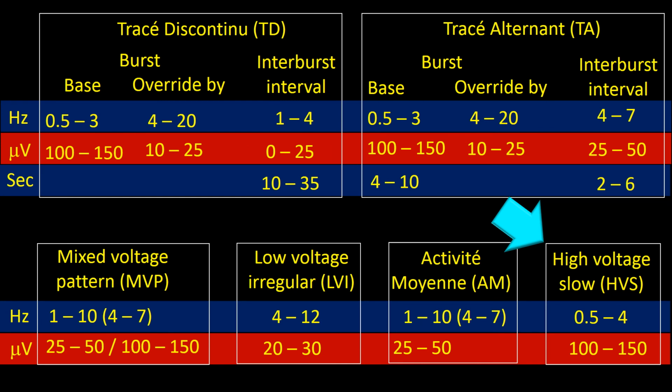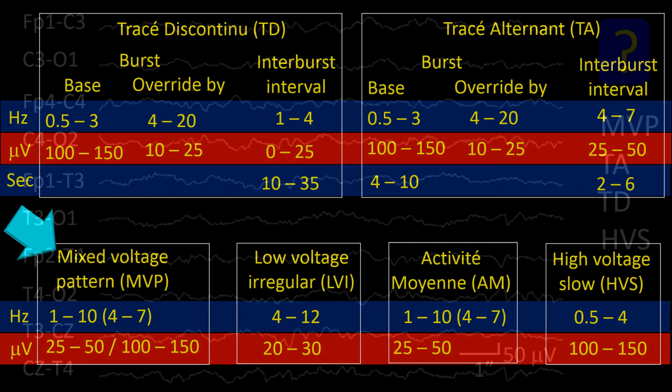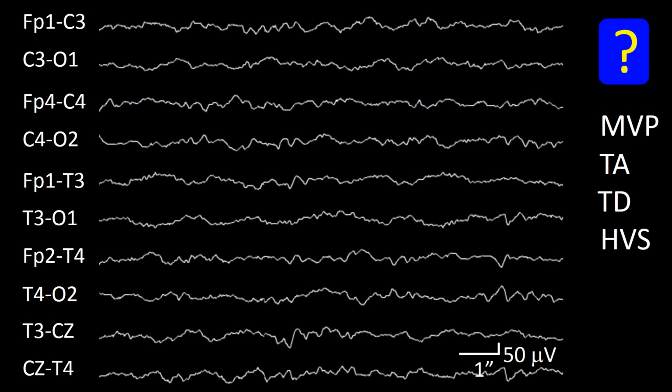High voltage slow activity has a consistent voltage above 100 microvolts, which is not present in this tracing. So the only other available alternative is mixed voltage pattern. So the best answer to this question is MVP, or mixed voltage pattern.